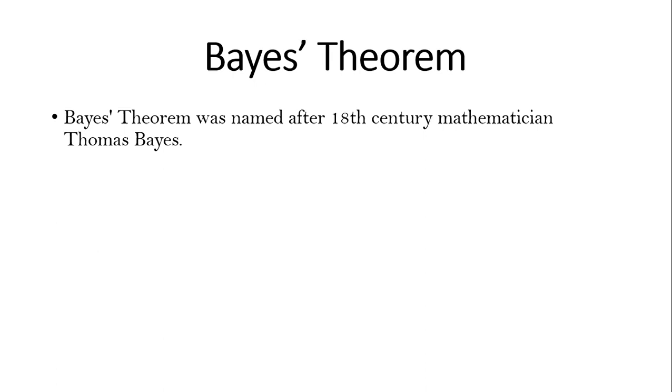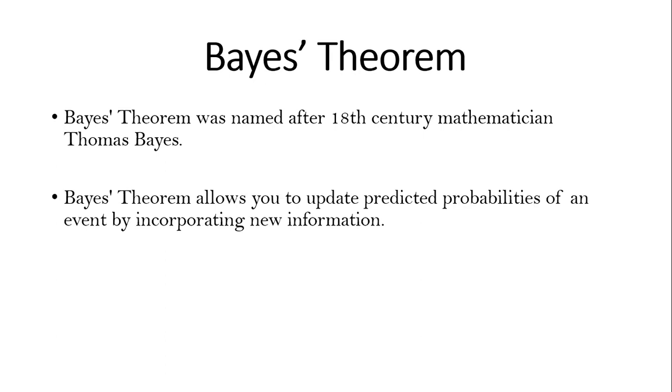have occurred. So the theorem was invented by the 18th century British mathematician Thomas Bayes, who also happened to be a reverend and made some extensive discoveries in the field of statistics and applied mathematics. You'll hear of many fields of statistics, but to which he made contribution, particularly in Bayesian statistics. But what is important for us is that the theorem allows us to update the predicted possibilities of an event by using new information.